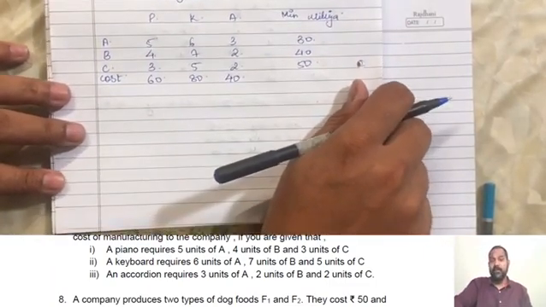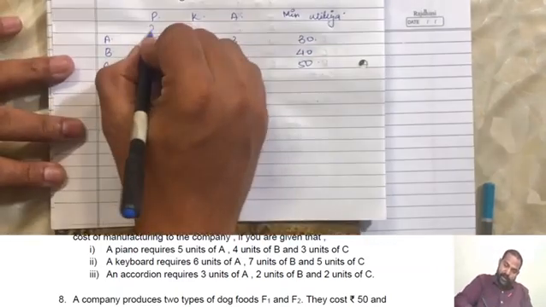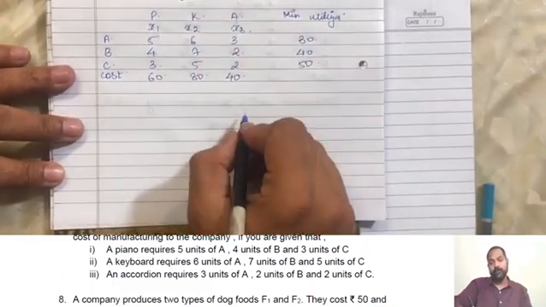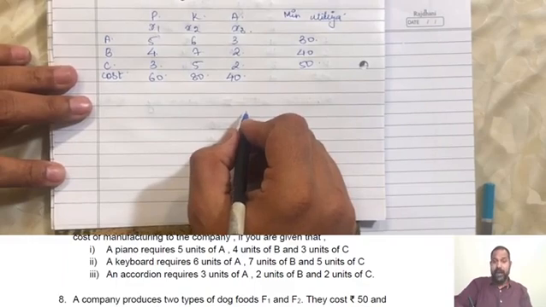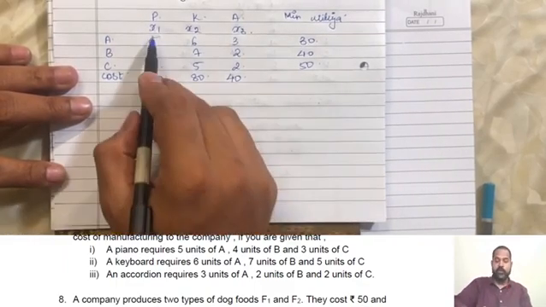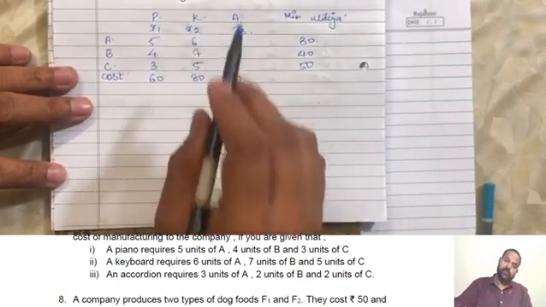So what do we use? You can then use x1, x2, x3 or y1, y2, y3. So you will say that let the producer manufacture x1 units of pianos, x2 units of keyboards and x3 units of accordions.